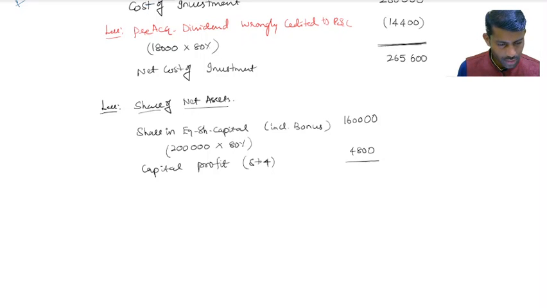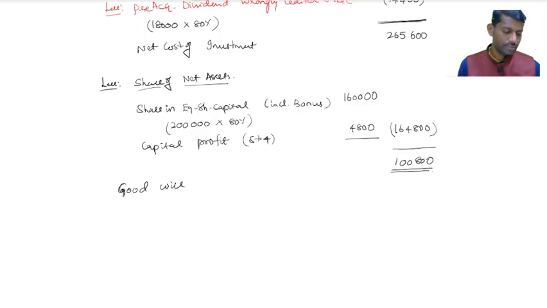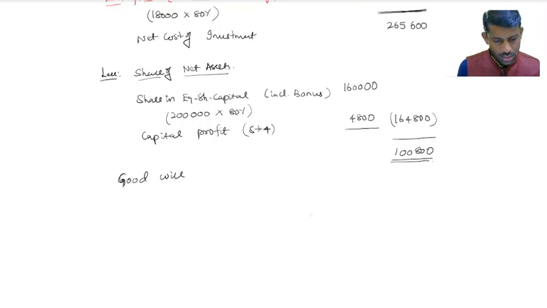So in total, 1,64,800. Therefore, goodwill is 1,08,000.